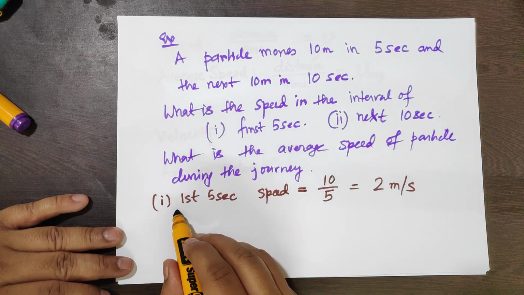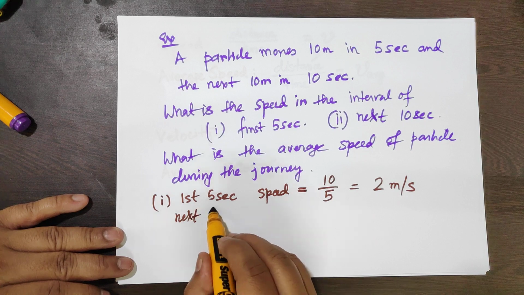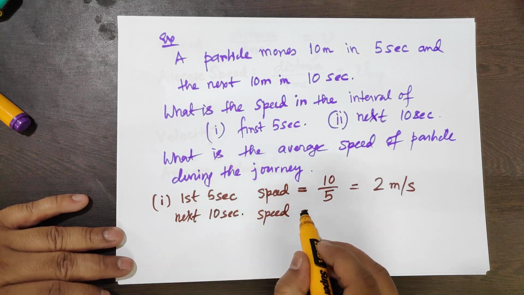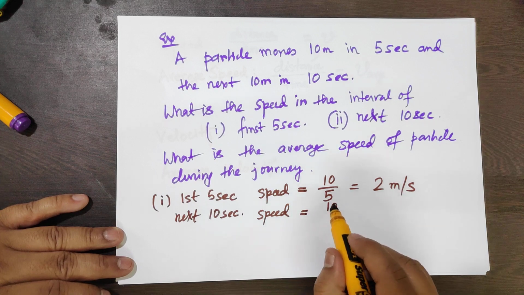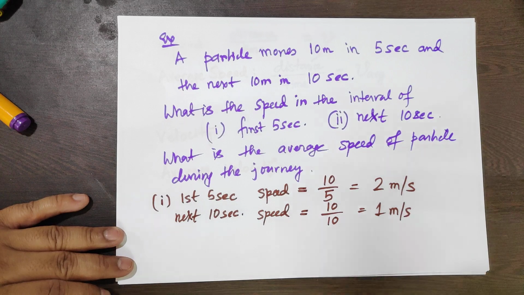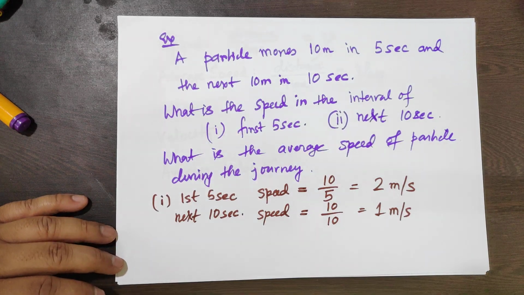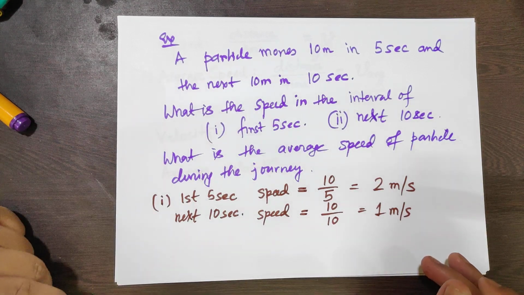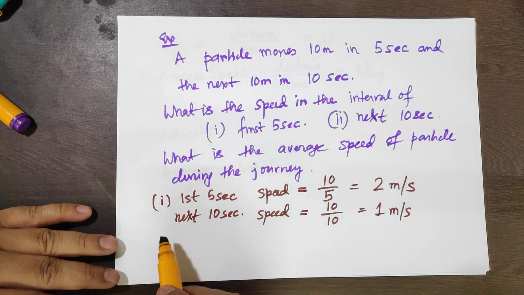Now in the next 10-second interval, the speed happens to be equal to the distance by time, 10 by 10 seconds, that is 1 meter per second. So the speed during the journey is not constant. So this is an example of non-uniform motion. The whole motion is non-uniform motion.